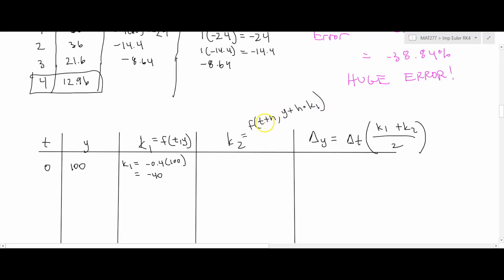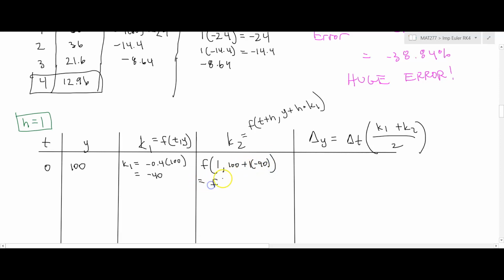So what I'm going to do here is times K1. I have to figure out t plus h. Recall that h is our step size, and h is equal to 1 in this problem. If your step size was a half, you'd plug in a half for h. To get K2, we need to calculate f of t plus h. Our current t is 0, so 0 plus h, which is 0 plus 1, is 1. And for y plus h times K1, the y value is 100, plus h, which is 1, times K1, which is -40. That gives -60. We're not done yet, because that's just the input into that function.